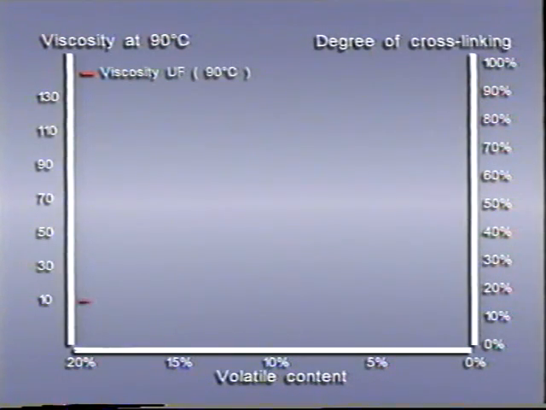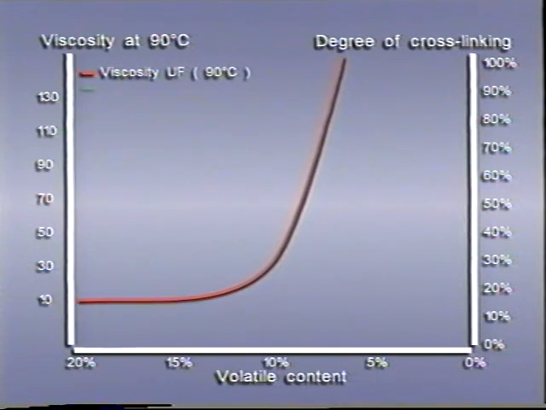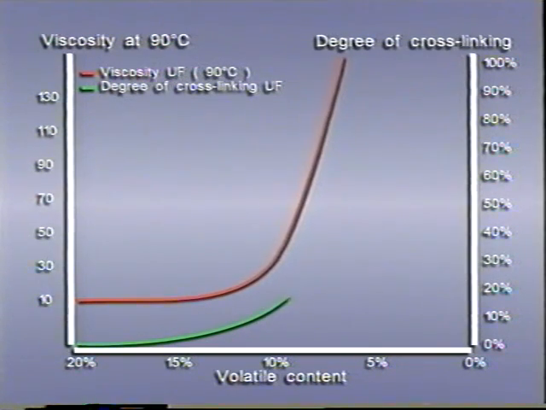Surprisingly, the viscosity of the urea resin remains virtually consistent up to a volatile content of approximately 12%. Only when the residual moisture is less than 10%, an appreciable increase in the degree of cross-linking can be observed. This is why impregnates, as a rule, are not dried to a water content below 12%.